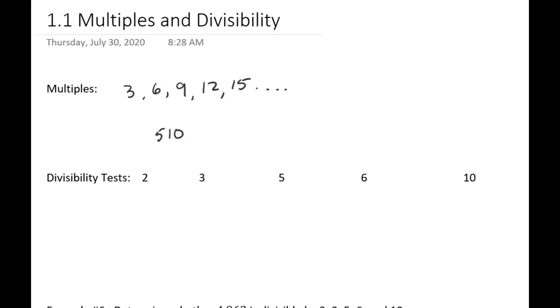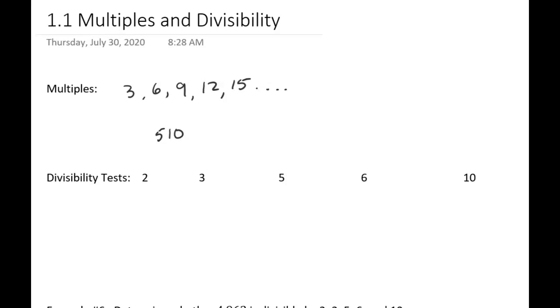Do I think that number is divisible by 2? Meaning, do I think 2 will go into that number with no remainder? That's what we mean when we say something is divisible or divides another number: it divides into the number with no remainder.